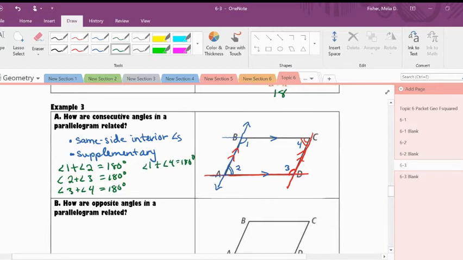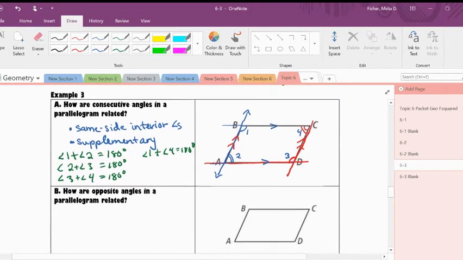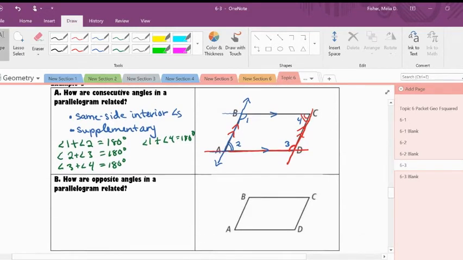If 1 is supplementary to 2 and 1 is supplementary to 4, then we see that 2 and 4 have to be congruent. Also, 1 and 3 will have to be congruent. So opposite angles in a parallelogram, how are they related? They are congruent.